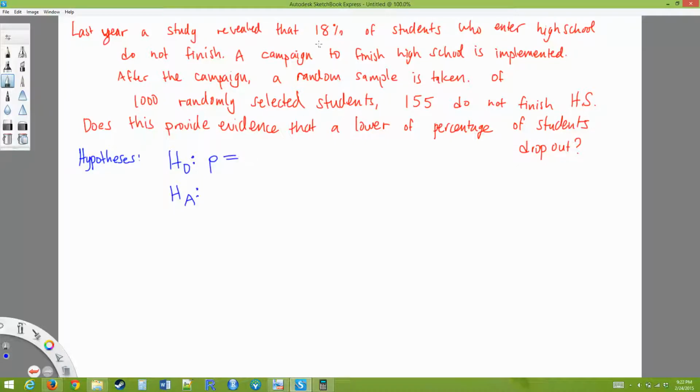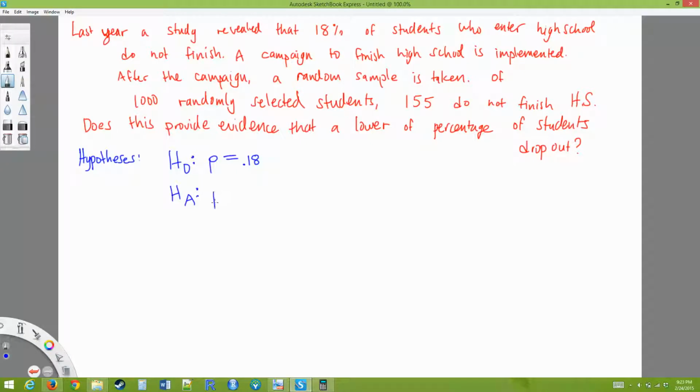So the null hypothesis is that nothing has changed from last year. The question is, does this provide evidence that a lower percentage of students drop out? Well, lower than what? Lower than 18%, because last year we found that 18% of students drop out. And this year we want to know, after the campaign, do fewer students drop out?